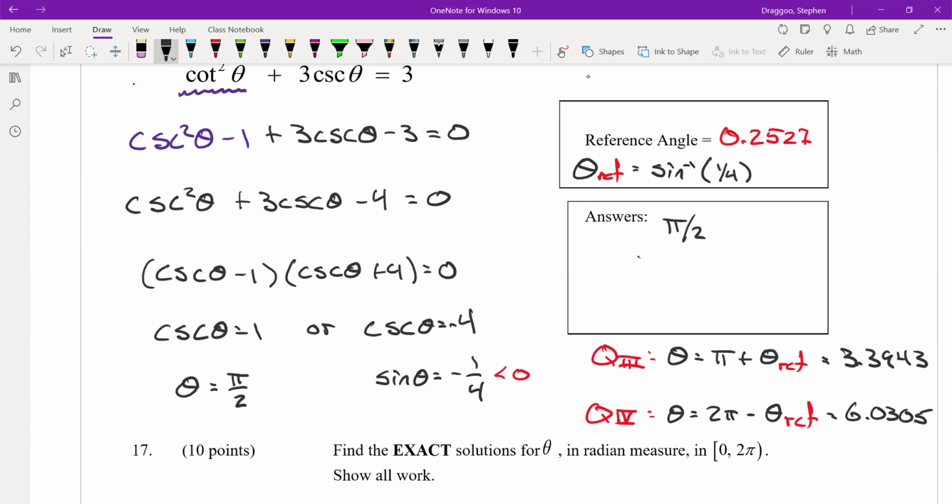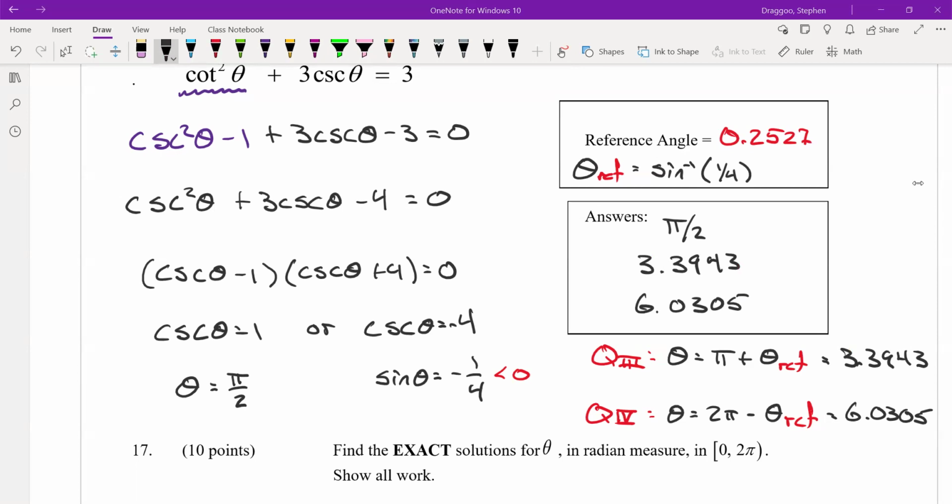So those two answers also go in the box: 3.3943 and 6.0305. This one I didn't need all solutions, so I just stick with the ones between 0 and 2 pi.